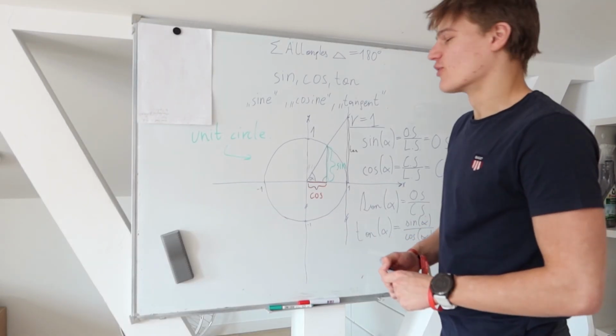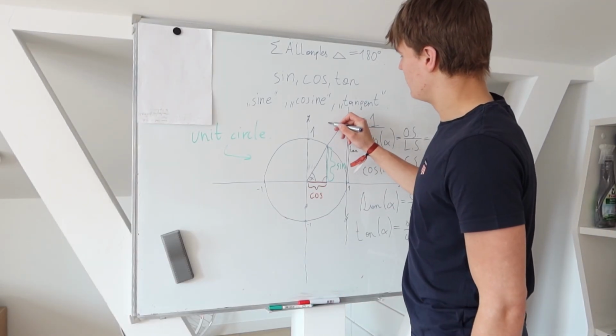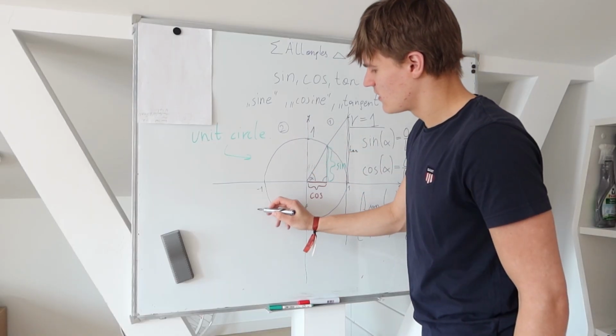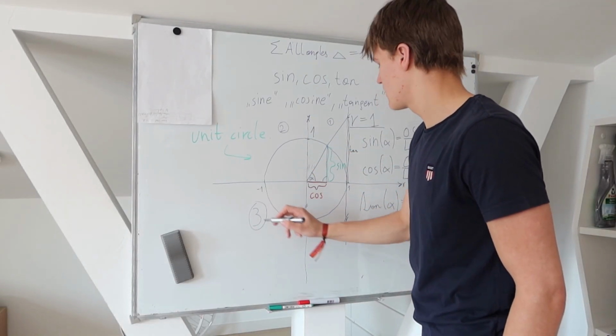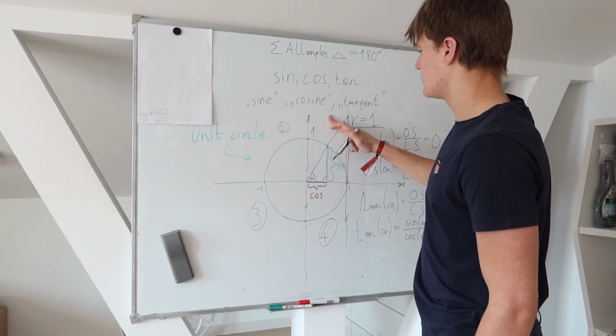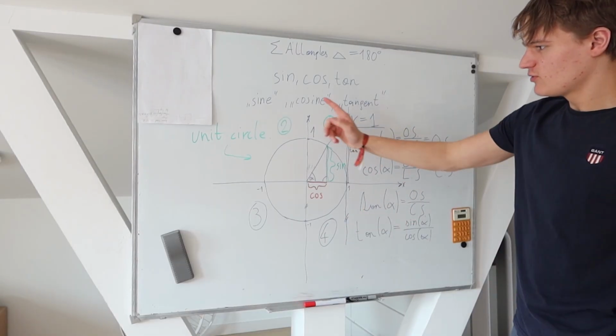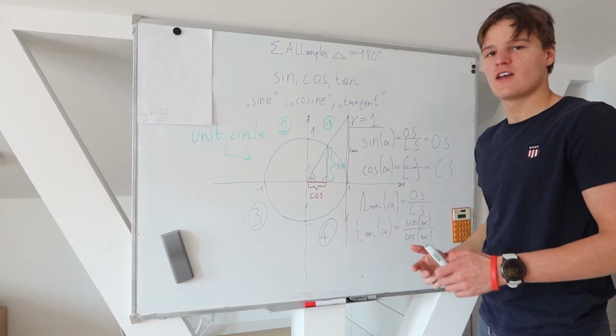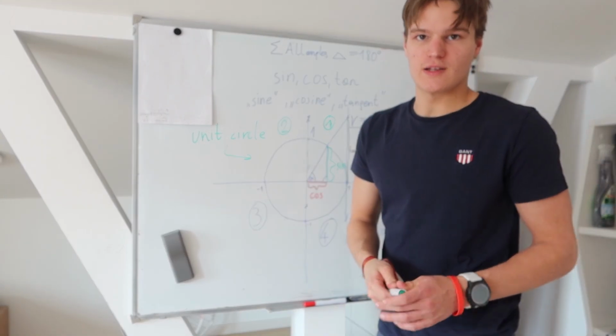Let's say this top right piece is piece 1, piece 2, piece 3, and piece 4. We go against the clock. Why? Because that is the positive direction in mathematics, right?